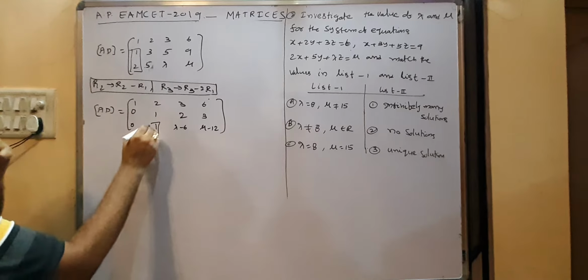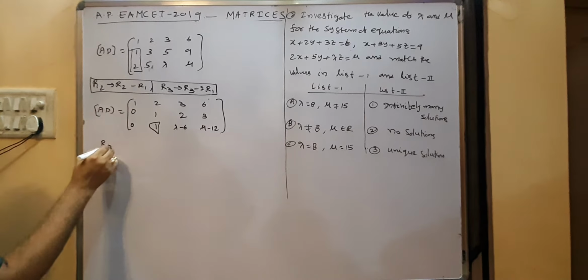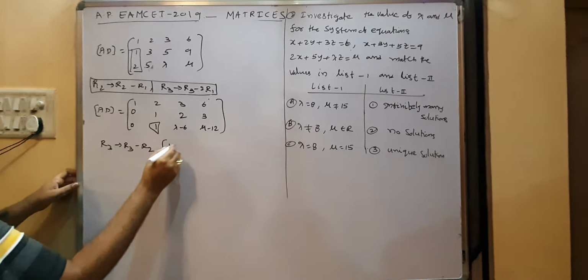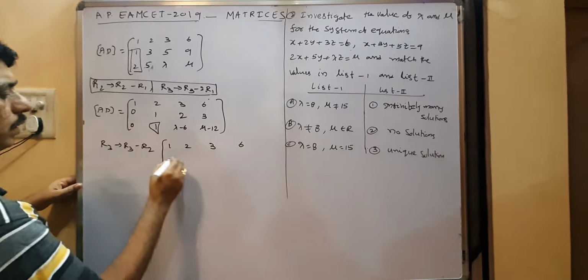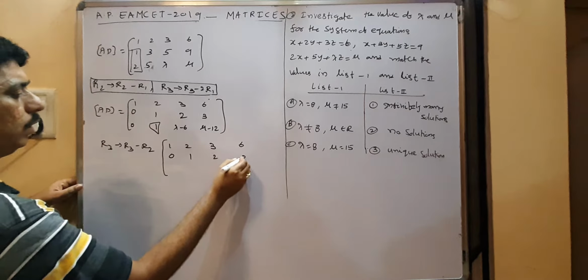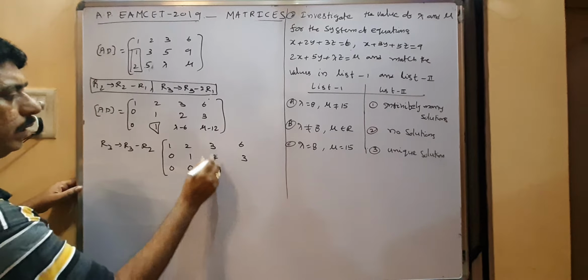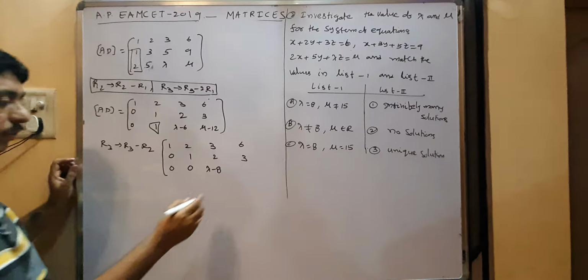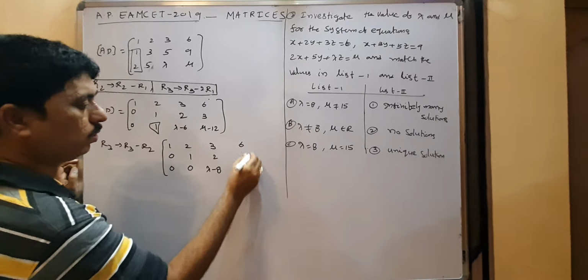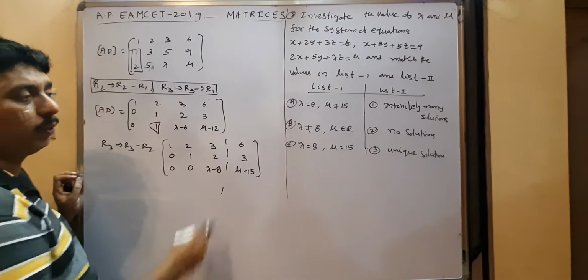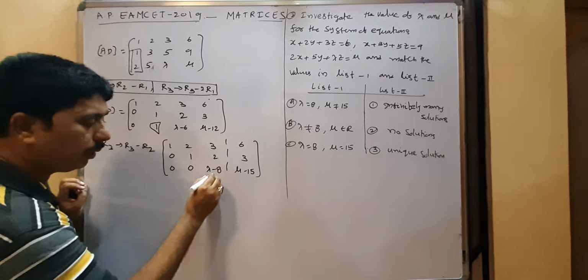After making this element 0, that is R3 tends to R3 minus R2, this becomes 1, 2, 3, 6; 0, 1, 2, 3; 0, 1 minus 1 is 0, lambda minus 8, mu minus 12 minus 3, mu minus 15. See, now the rank of A depends on lambda and mu.